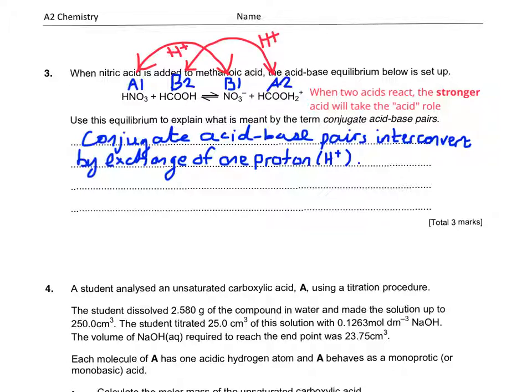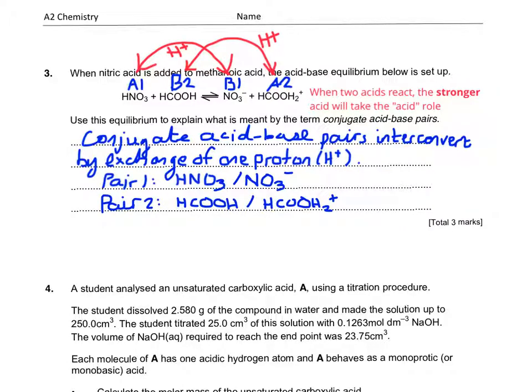That means you can deduce what base 2 and acid 2 are. HCOOH and HCOOH2+ will interconvert by exchange of a proton. So we can write in those pairings like that. Usually they'll allow you to write A1, B2, B1 and A2 in the right places on the equation.